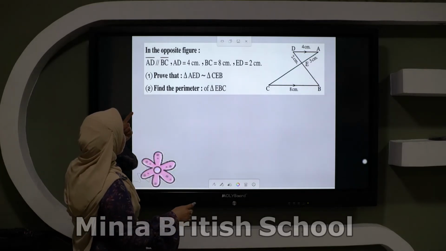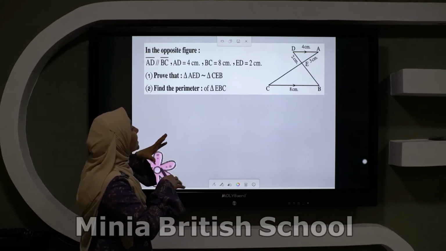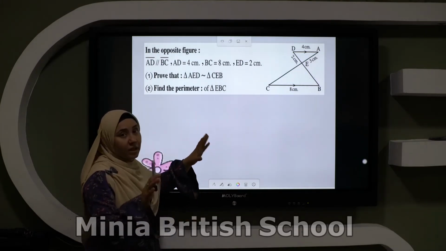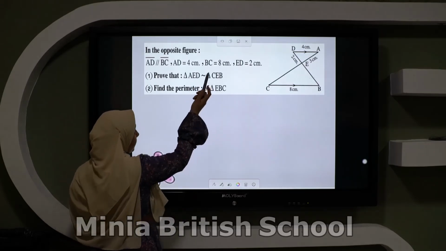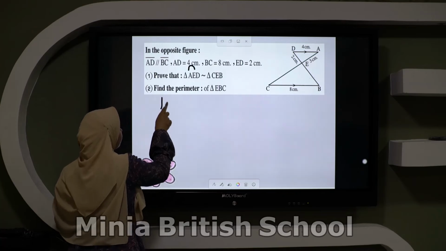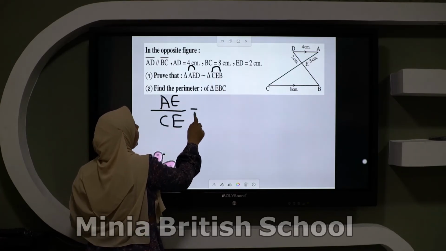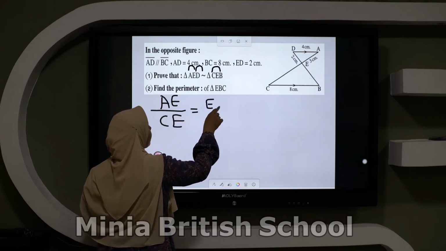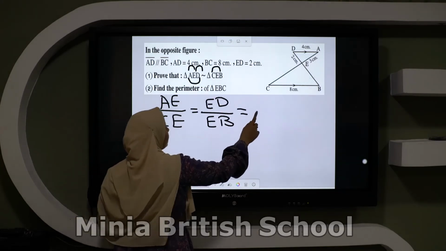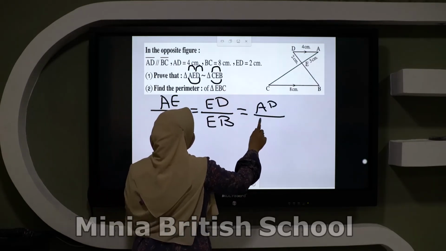In the second required, I need to find the perimeter of the triangle CEB. I proved that the triangle AED is similar to the triangle CEB. Then the corresponding side lengths are proportional. So AE over CE equals ED over EB equals AD over CB.